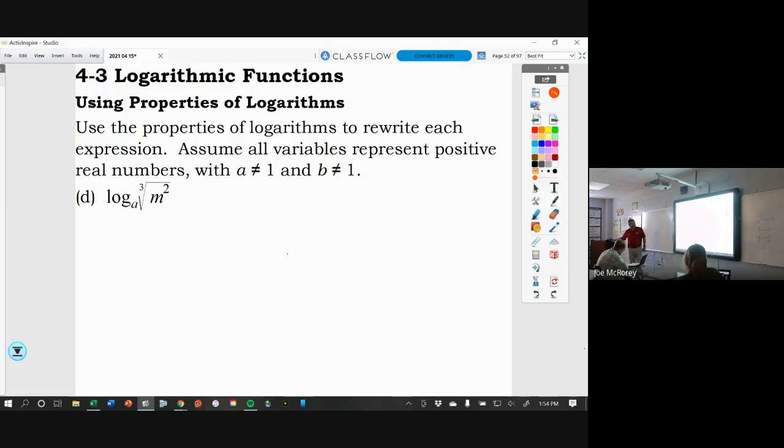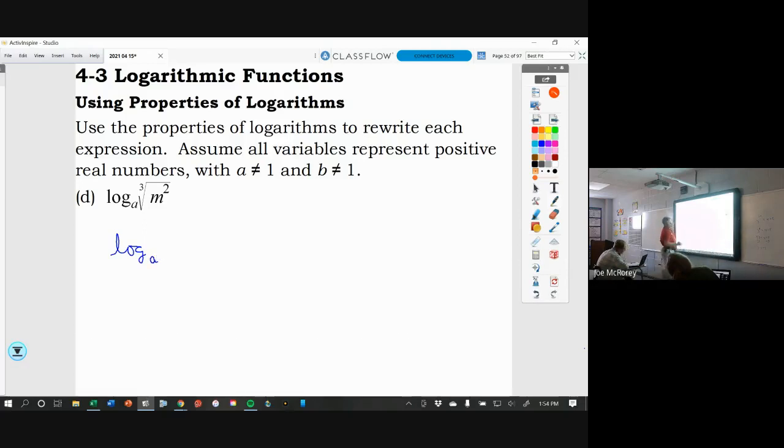Okay, part D. Log base A of the cube root of m squared. That's m squared to the 1/3, because that takes care of the cube root.